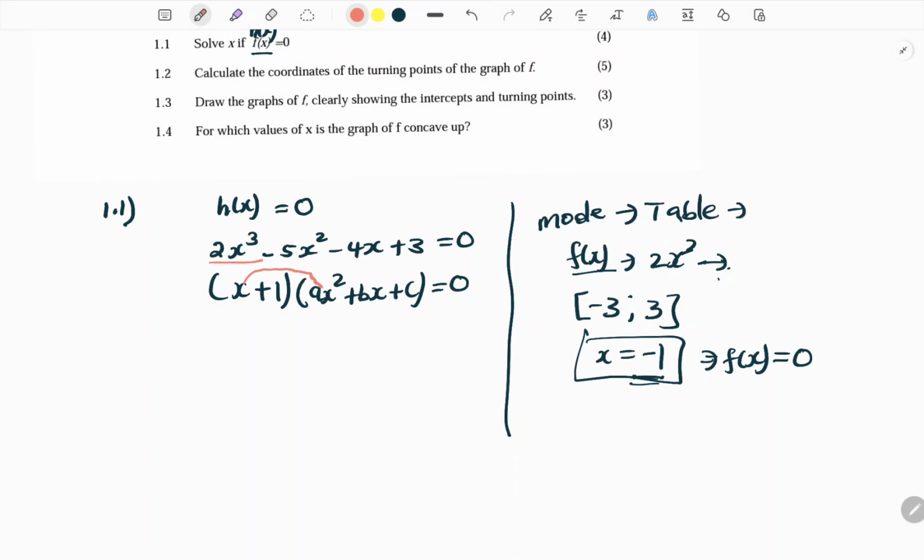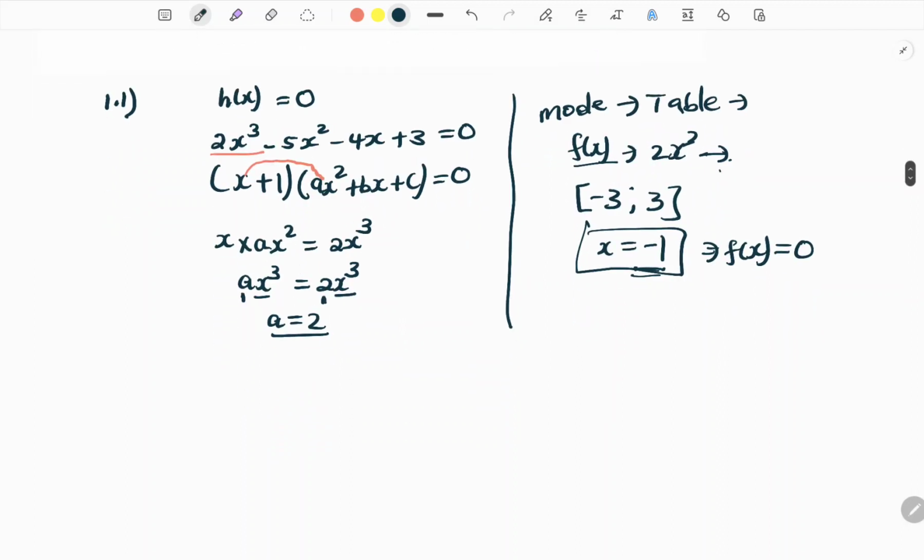So x times ax squared is equal to 2x cubed. Because it's x cubed and x cubed, therefore my a will be 2.